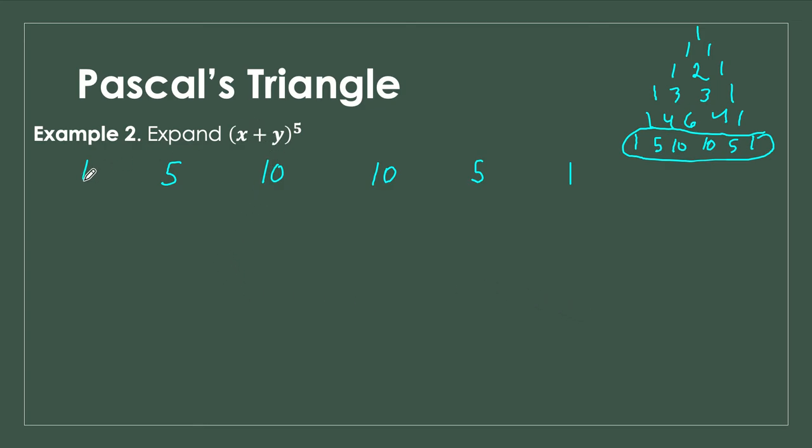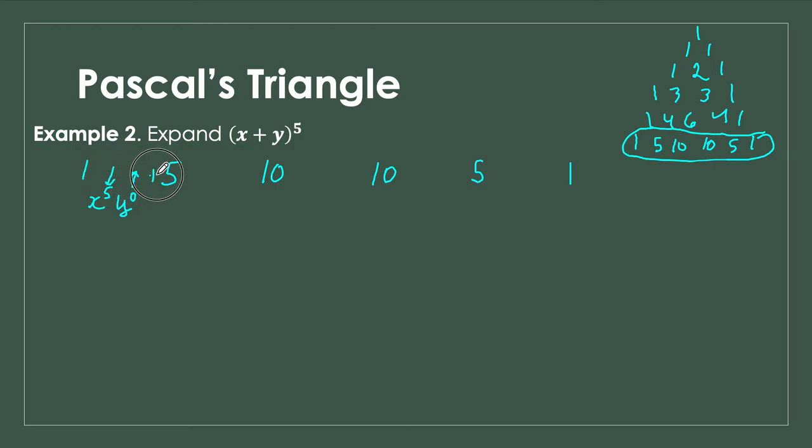And let's start again with the x. This x will be raised to 5, and this y will be raised to 0. We will decrease the x, and we will increase the value of y.